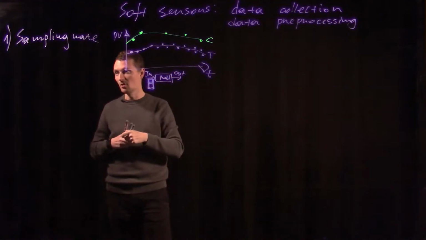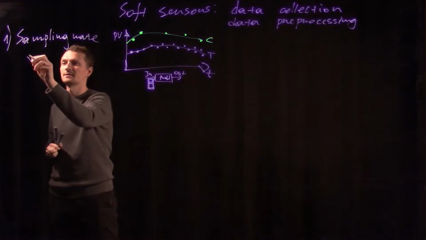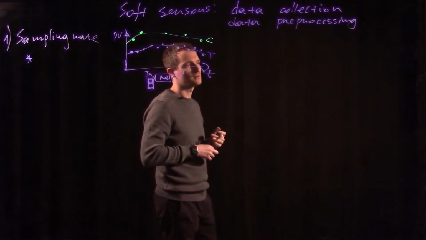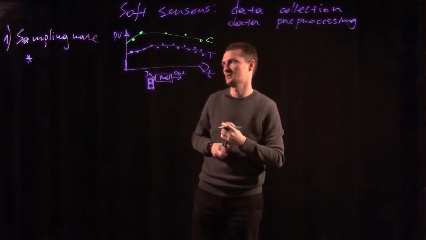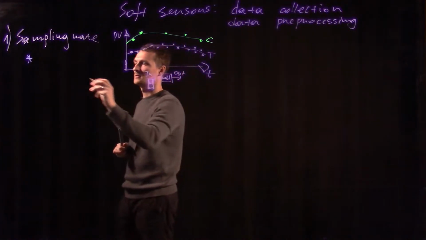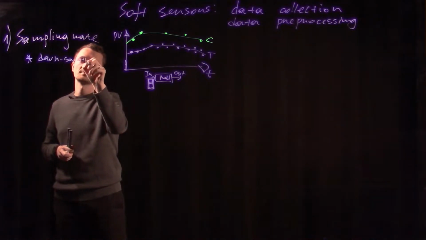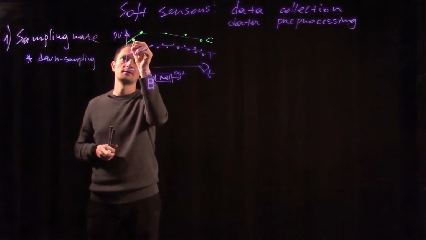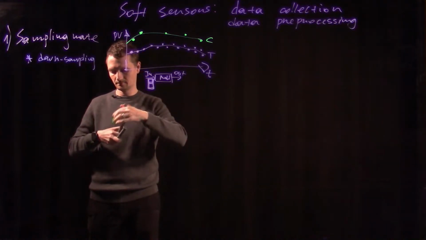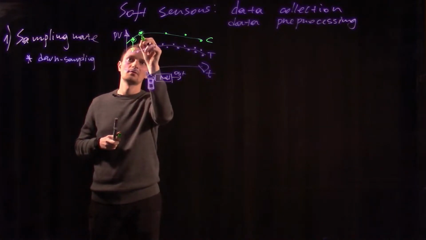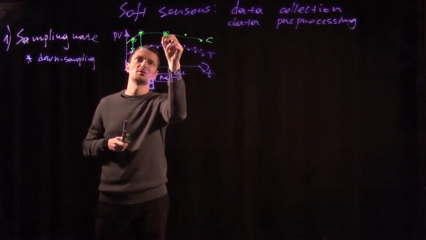What are the options for how we can deal with that? First option is to use so-called downsampling of easy to measure data. In this case, we say, let's take these values and find appropriate values of easy to measure variables.